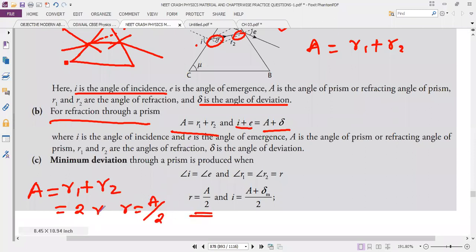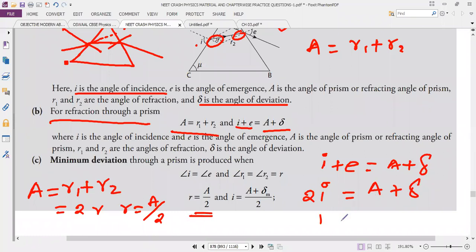This is the refraction formula. Now I plus E equals A plus delta. I and E are both equal, no? Then you will get 2I equals A plus delta.